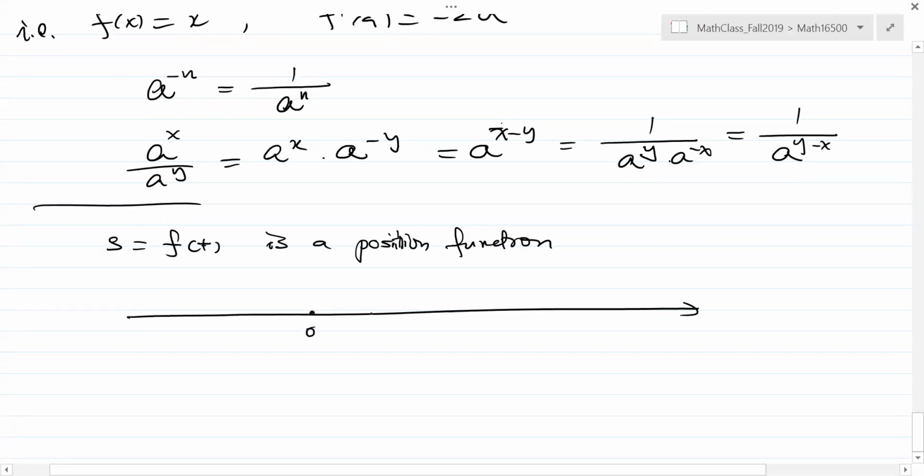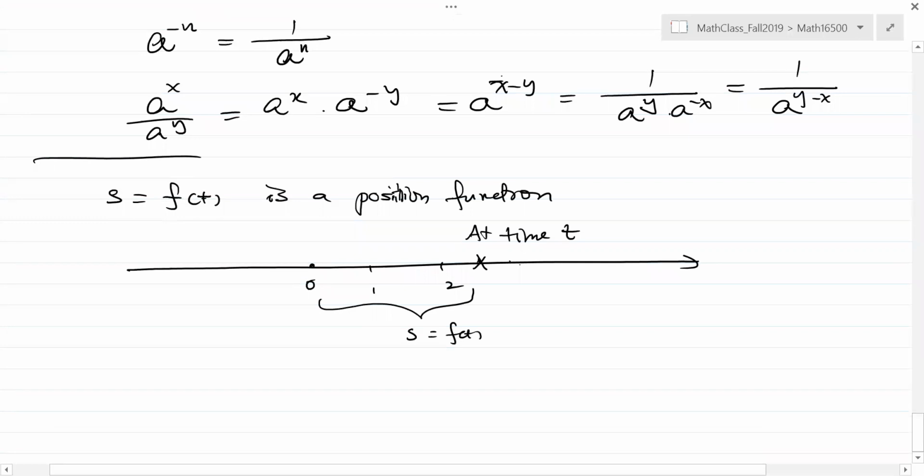Here's 0, 1, 2, right? At a given time t, it is here. At time t, this distance is called displacement. This tells you the coordinate of the moving object.